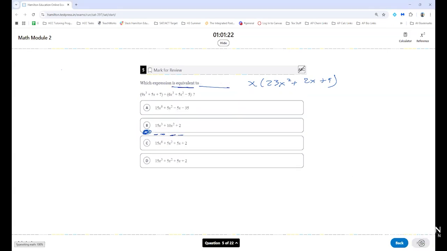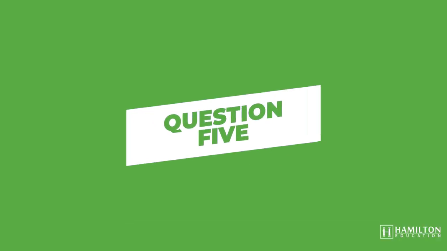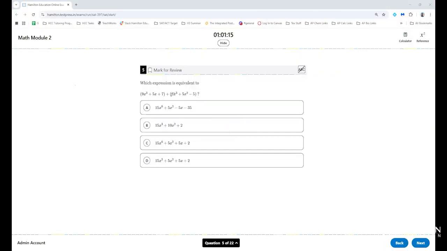On to question 5. This is another equivalent expression. So again, what I might want to do is combine the like terms first. So 9x cubed plus 6x cubed is 15x cubed. And then you might be tempted to add the 5x to the 5x squared, but you can't add terms of different degrees. So instead, we're going to write 5x squared by itself and 5x by itself.